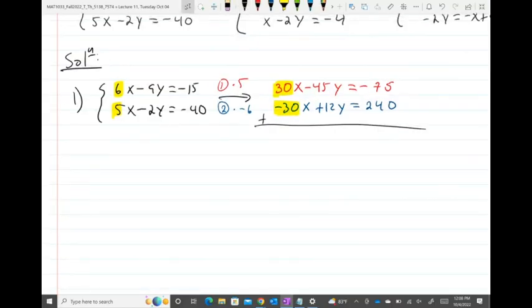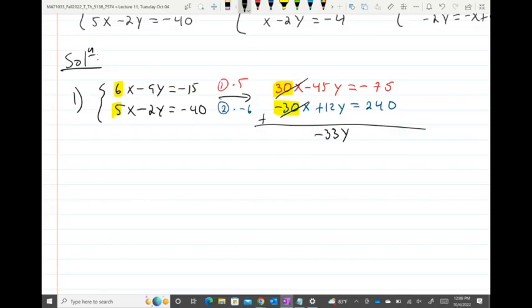All right. Anyways, in here, what we do is we add. Why? Because that's why we wanted the same number with opposite signs. So when you combine, they cancel. So we get negative 45 plus 12, which is negative 33.